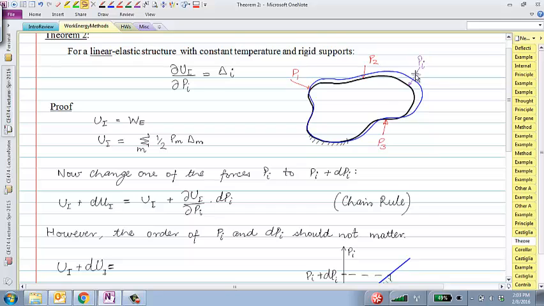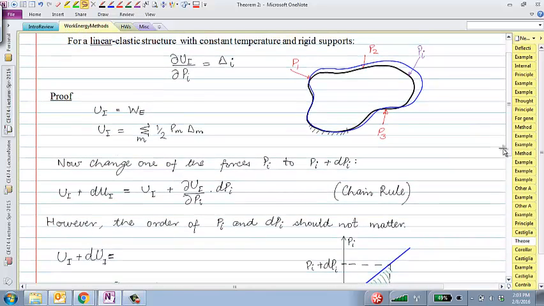If I change one of the external loads, then the change in energy can be calculated with the chain rule. There are of course many other terms, but all the other terms are constant in this process. So this was one way. In one case, we found the change in energy by first applying the actual loads P1, P2, P3, and then varying one of those loads Pi. In the second case, I first change the Pi load and then apply the actual loads.